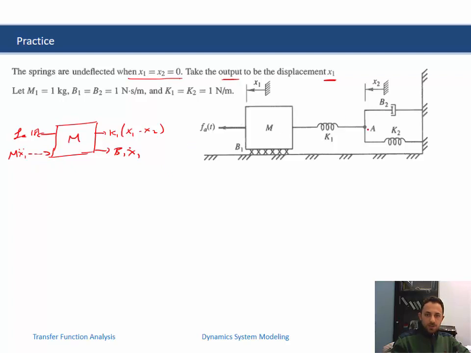The node, this node: for every action there is an equal and opposite reaction. It is x1 minus x2 in the opposite direction. The damper is acting in the opposite direction, x2 dot, and k2 x2. Now we write the differential equations.